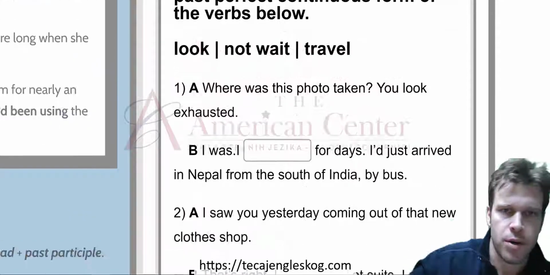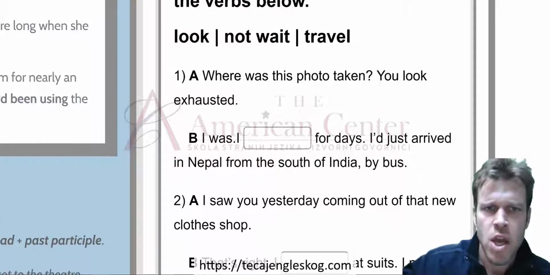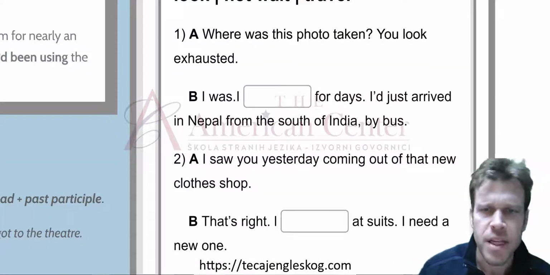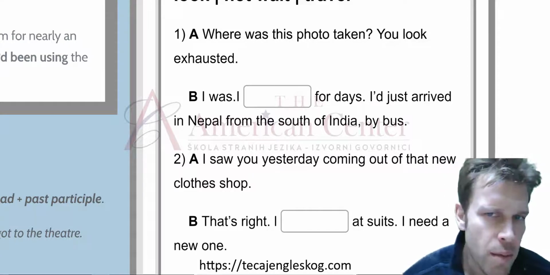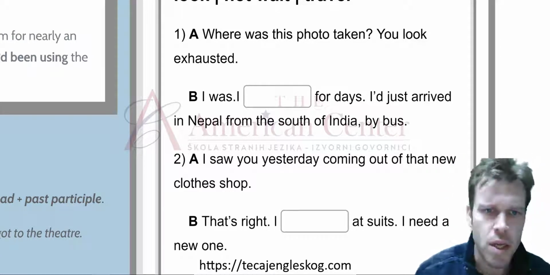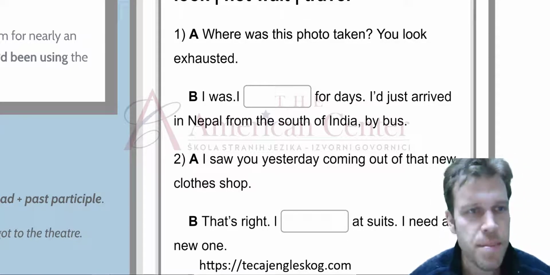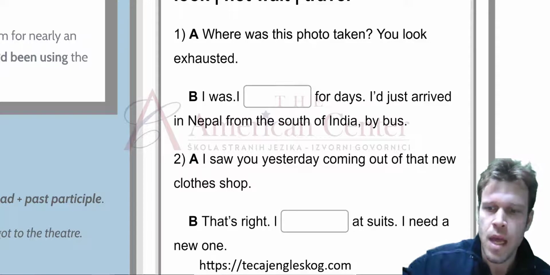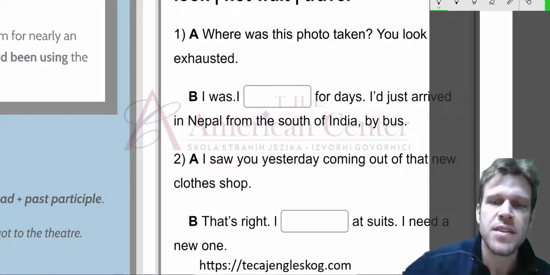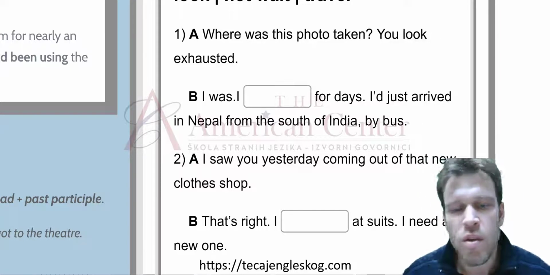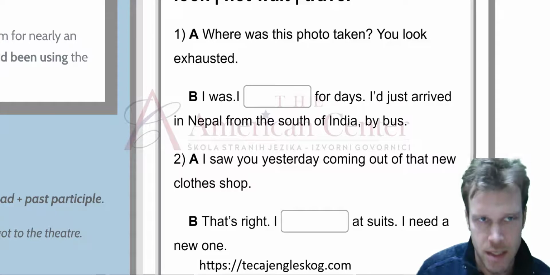Okay, let's do some work here. Complete these sentences with the correct form of the verbs. We have the verbs look, not wait, and travel. Let's read the first one together. Where was this photo taken? You look exhausted. I was. Now, I forgot to mention this: we use perfect continuous to explain why something is.